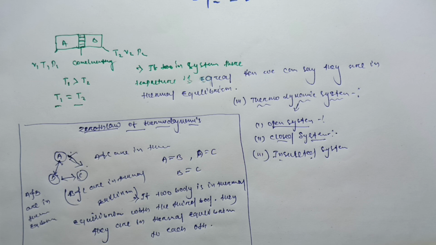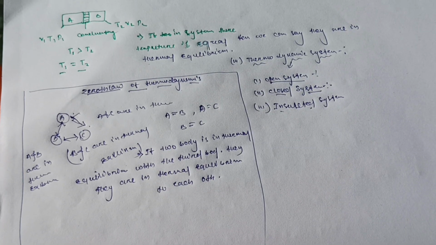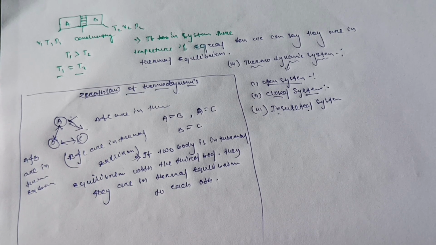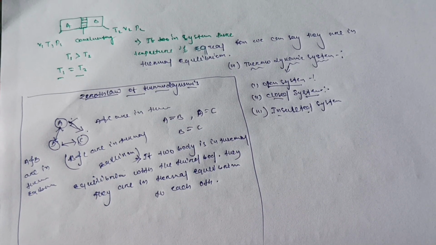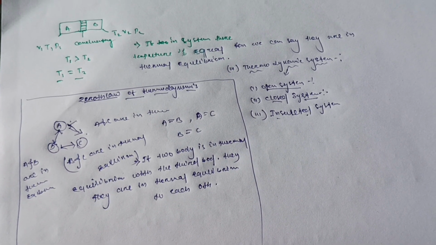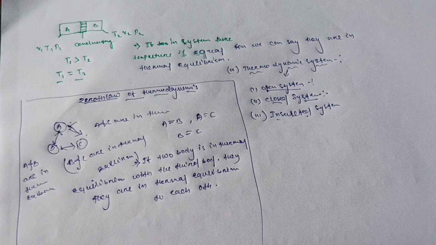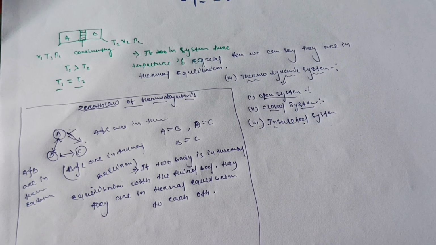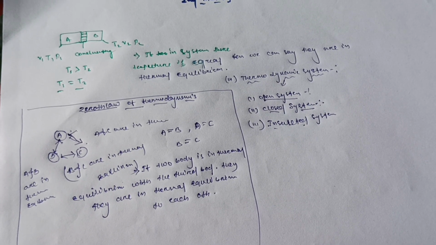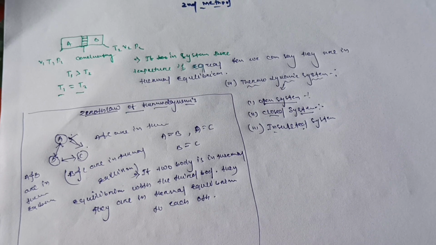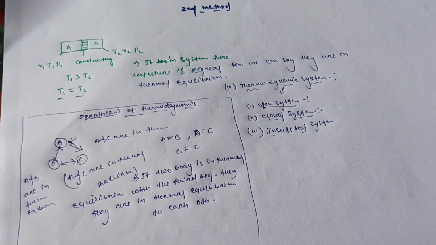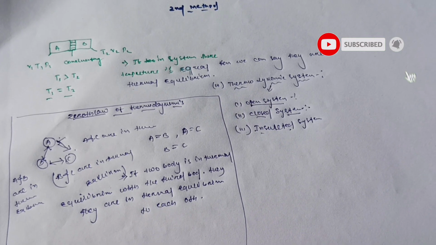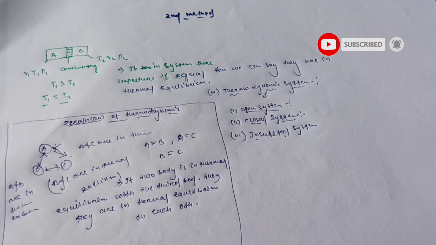If we put a hot cup of tea in a refrigerator, after some time when we open it, the cup of tea will be at the same temperature as the refrigerator surface. So these are examples of the zeroth law of thermodynamics.